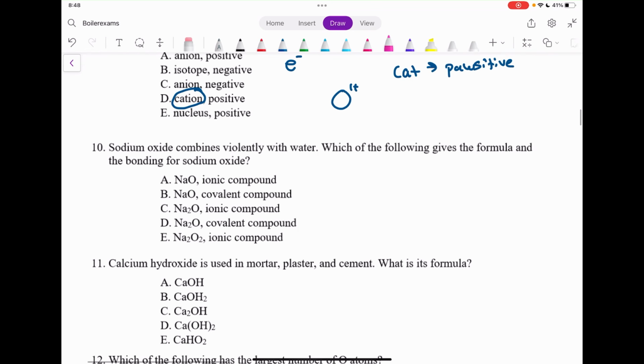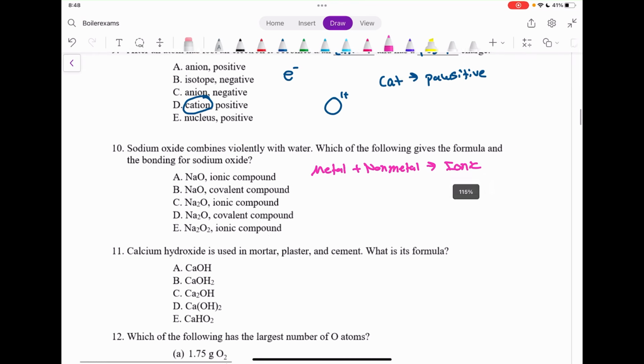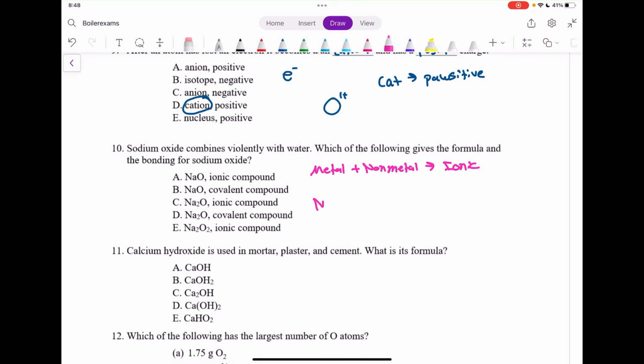So when you bond a metal and a non-metal, what do you get? You get an ionic bond. And we also know that this sodium is going to have a 1+, and then the oxygen has 6 valence electrons, so it will require 2 more valence electrons, and it will essentially have a -2 charge.